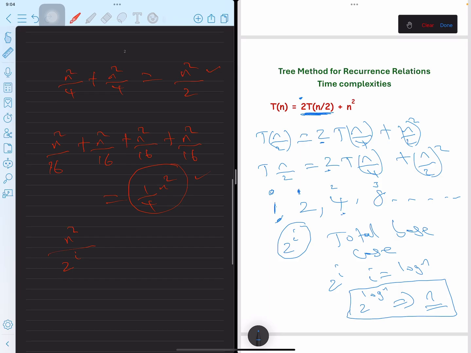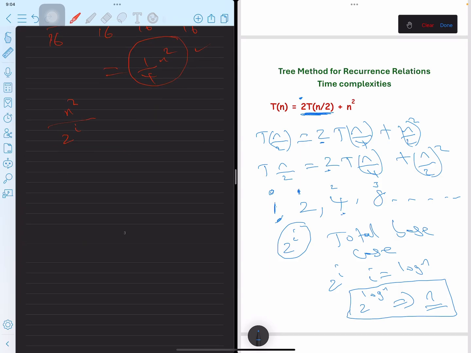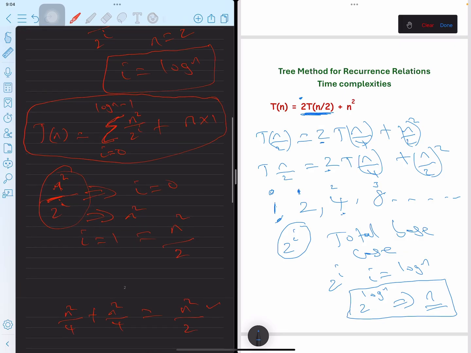So with that said, I'm going to say my T of n is n squared times the sum from i equals 0 to log n minus 1 of 1 over 2 to the power of i, plus n. You see the reason why I brought out n squared: because n squared doesn't really affect all what is going on here, right?